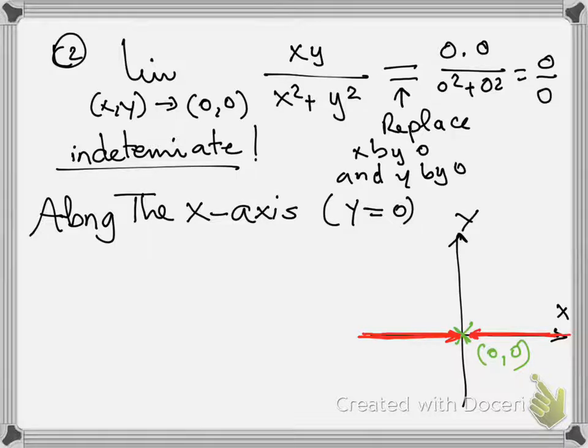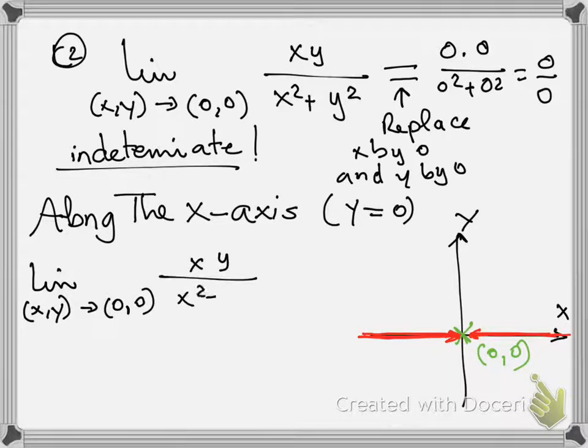So then the limit as (x, y) goes to (0, 0) of xy over x squared plus y squared, since I know that y is 0 along the x-axis, I'm going to just replace y by 0.